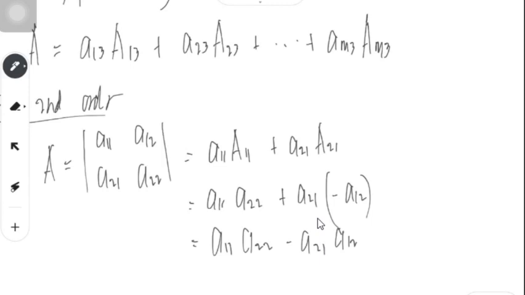Baka naman nagkataon lang. Tingnan natin sa third order determinant. This is in general, any order.